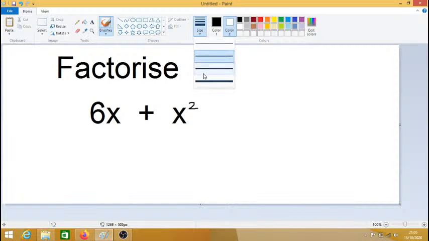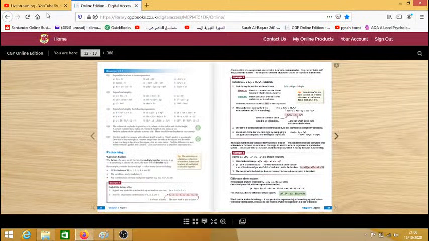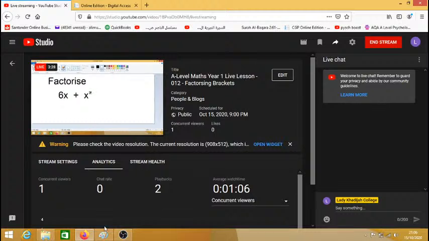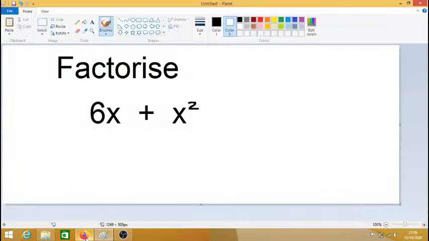If you want to spend just a minute and tell me what the answer would be for factorizing 6x plus x squared. Okay, feel free to type it into the chat window.